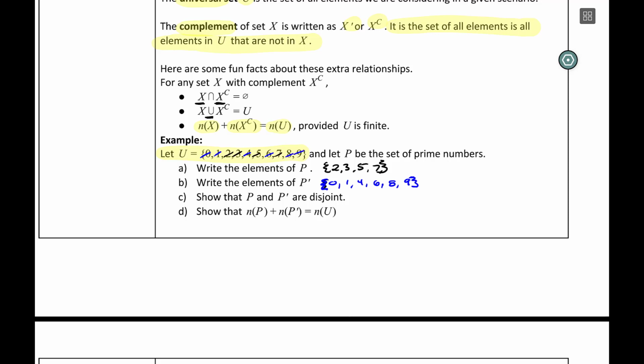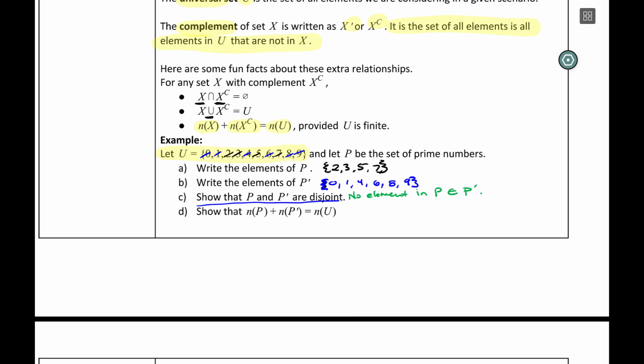Now, show that P and P prime are disjoint. Well, all we have to do here, show that, means we have to actually show our work or explain ourselves. We would say that no element in P belongs to P prime. No element in P belongs to P prime.